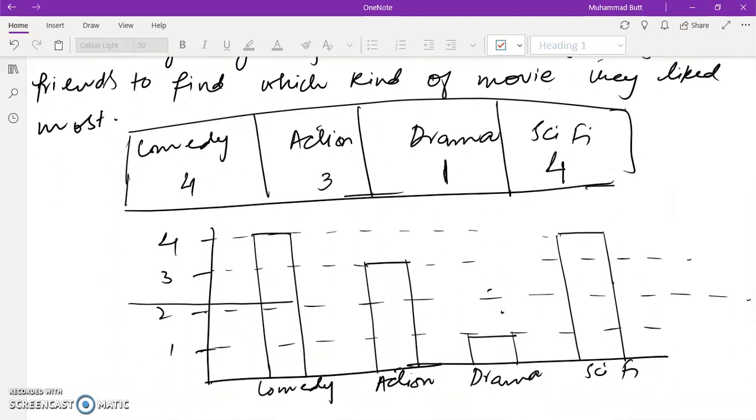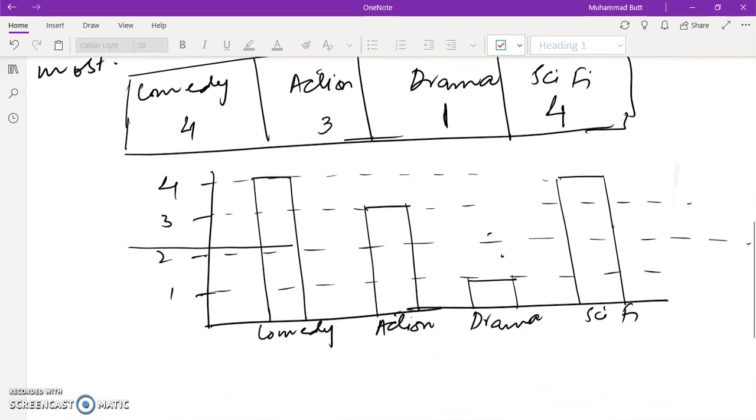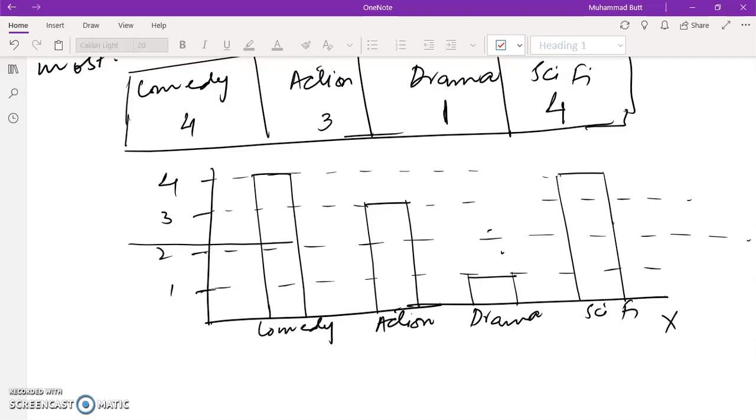You can represent this data on a graph. On the x-axis, you can draw the categories of the movies, like comedy, action, drama, and sci-fi. They are drawn on the x-axis, and the number of friends are drawn on the y-axis.